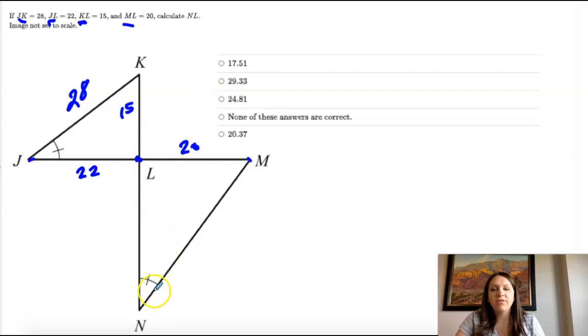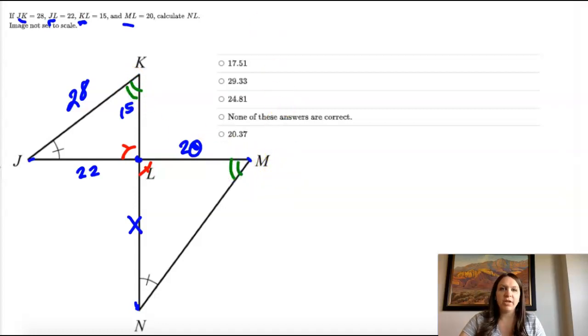And we're trying to find NL. That's going to be our X. So when I'm looking at similar sides, I know these are the same angle because they're vertical. So this also must be the same angle.